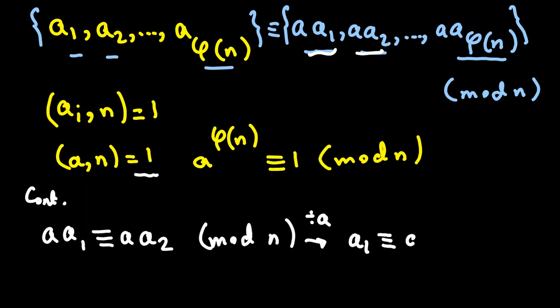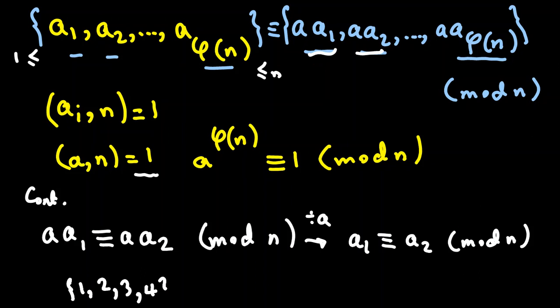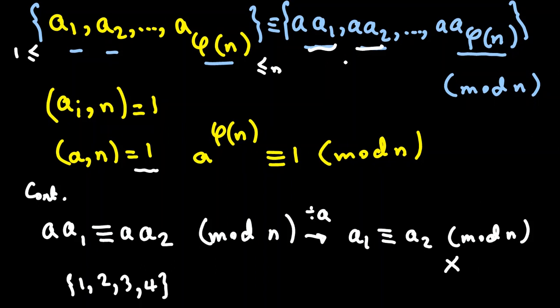So a1 is congruent to a2 mod n. It is a contradiction because these numbers were from 1 to n, co-prime with n, and all of them are different. For example, for 5 you say 1, 2, 3, 4, all of them are different numbers. So here we have a contradiction, and we conclude this, and then we take the product.